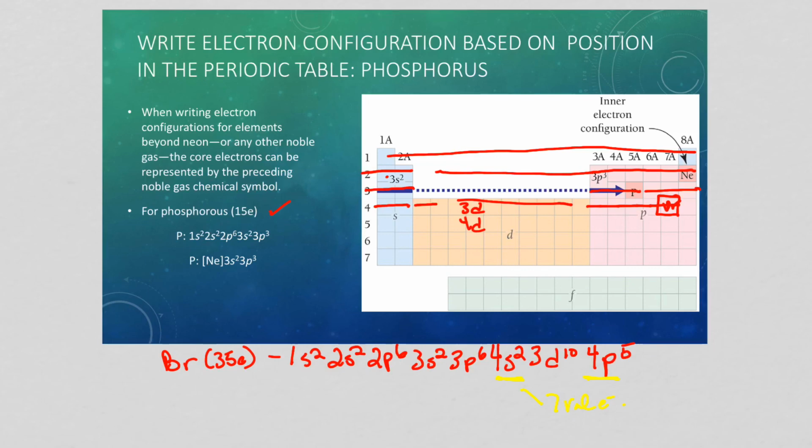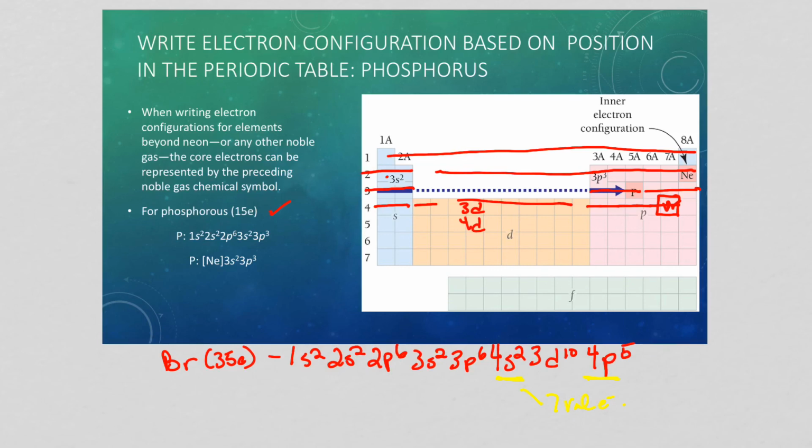Now, one thing we notice when we get down to stuff like bromine is that these configurations can get quite large. So we have a shortcut that we can use, and it's called the noble gas configuration, right? So what you can do is you can take the element that comes before, and you go backwards to the nearest noble gas. So for bromine, we're going to go backwards to the noble gas that comes right before it.